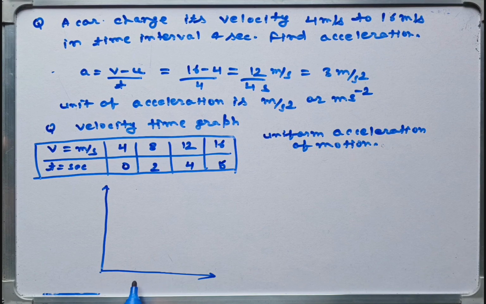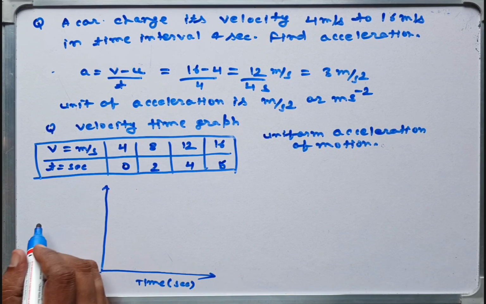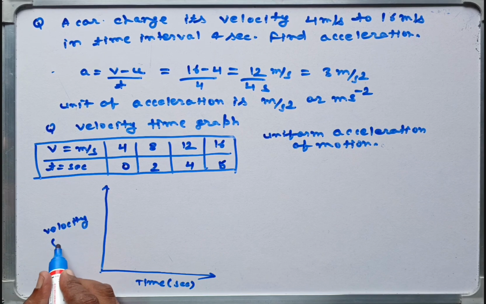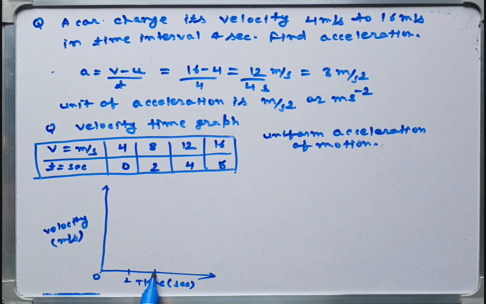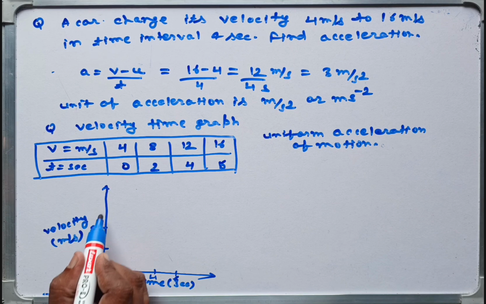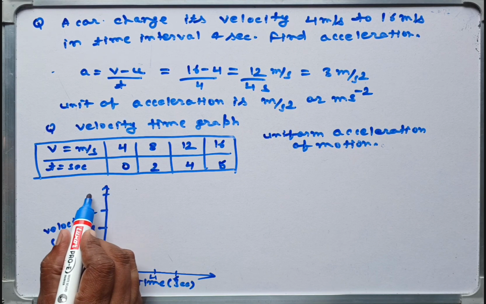Okay, here this one is the time axis, which in mathematics you know as the x-axis, and this is the velocity axis, in meter per second. Now this one is 0, this is 2, this is 4, and this one 6. And this is 4, 8, 12, and here 16.